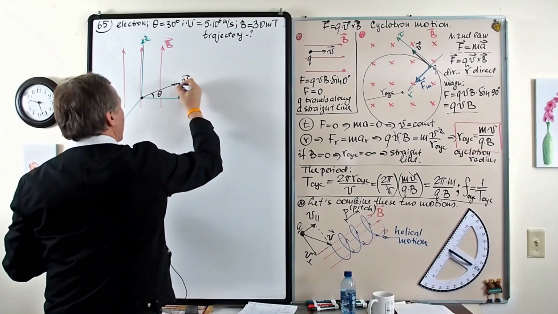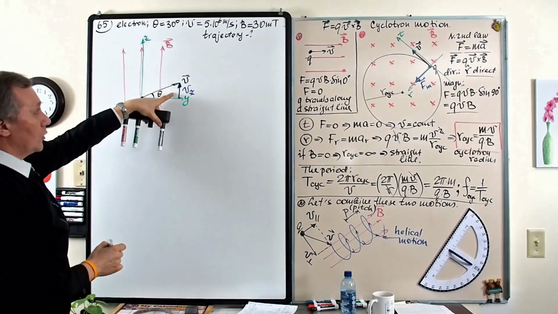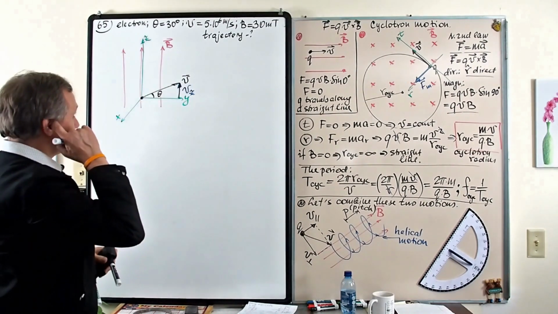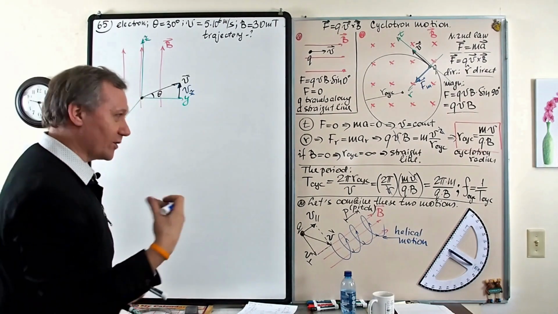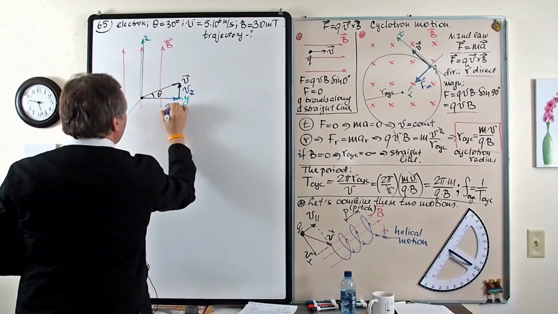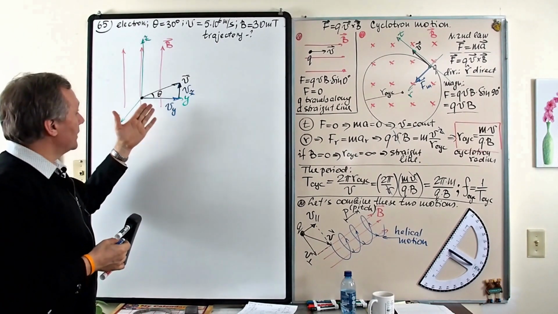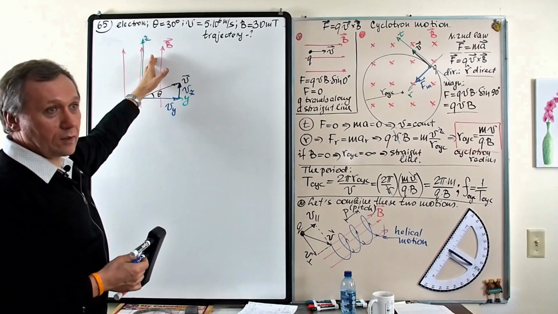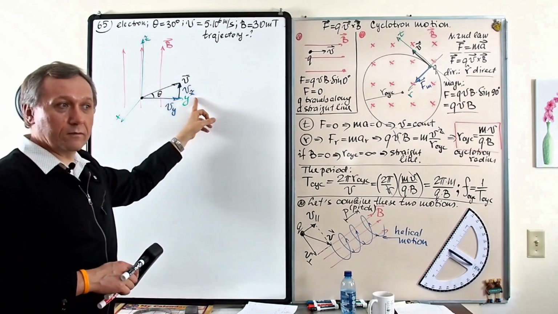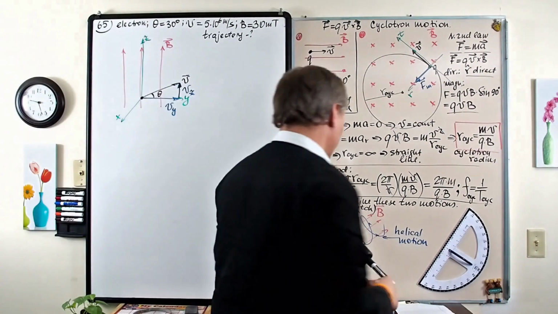So this will be V in the Z direction, V sub z. The major feature of this velocity is that it is parallel to the magnetic field lines. And the second component will be V sub y. Again, the major feature of this velocity is that it is perpendicular to the magnetic field lines. And we know what this velocity is going to give us, and we also know what this velocity is going to give us, right?